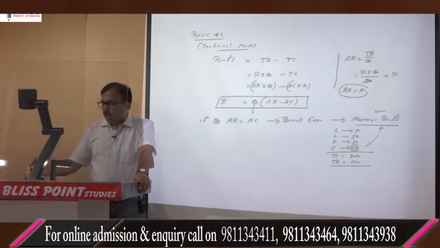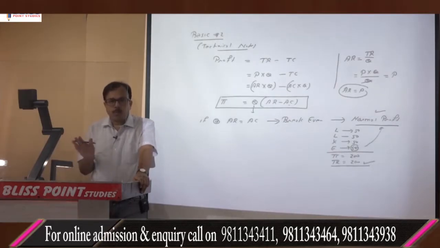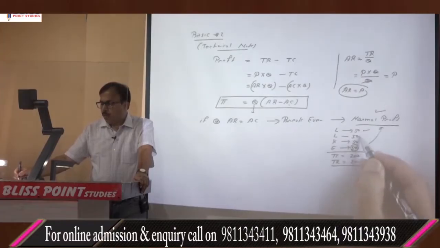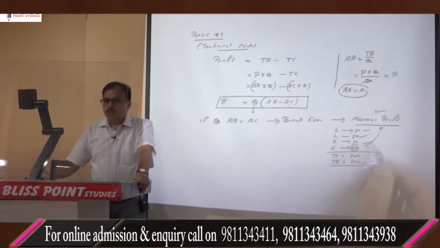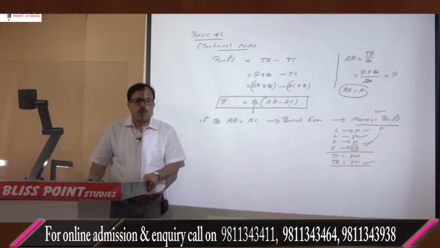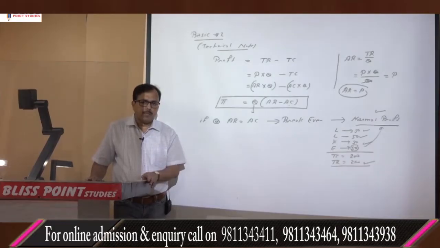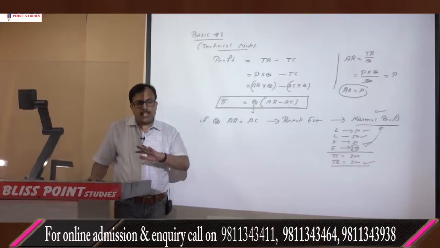Now if revenue is 250, then who will keep that extra revenue? Obviously labor was paid wages, the land owner took rent, capital was given interest. So who will keep that extra? That extra will be kept by the entrepreneur, the person who is organizing the production. So that profit, or that extra, is in addition to the normal.